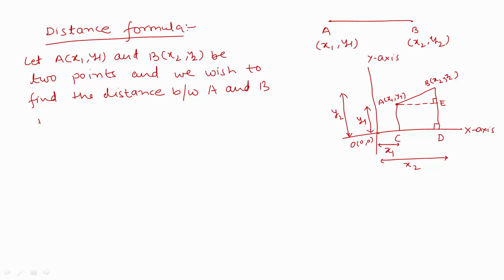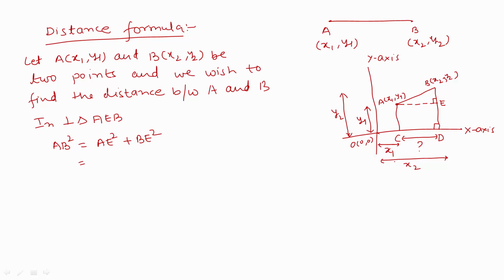So in right angle triangle AEB, using Pythagoras theorem, AB square is equal to AE square plus BE square. Now put all the values of AE and BE. The value of AE is equal to the value of CD. So now you will find the value of CD from here.